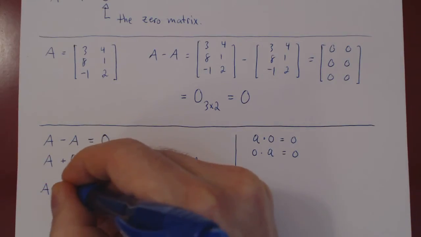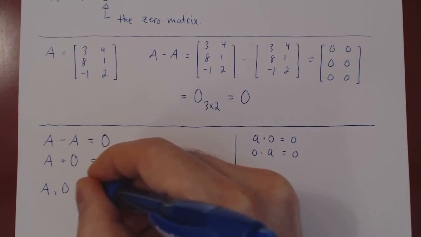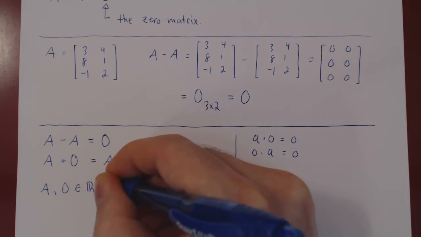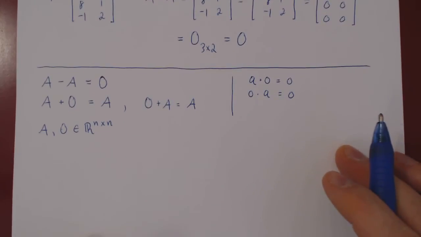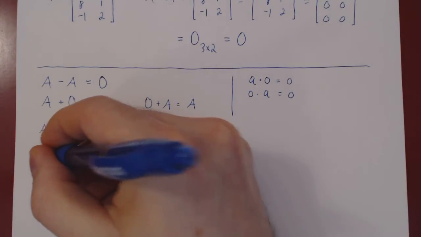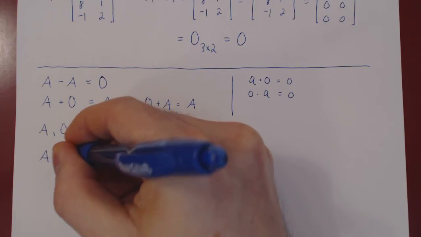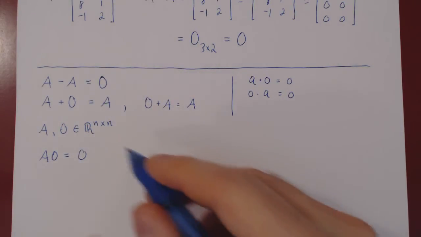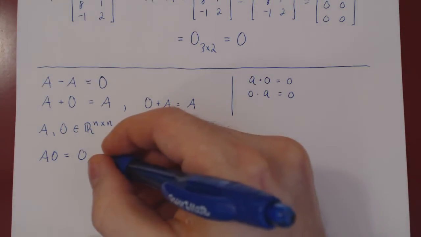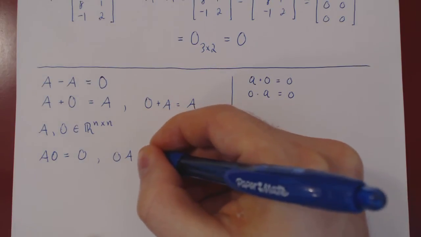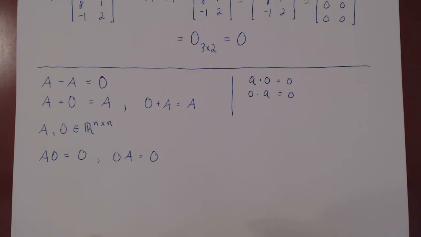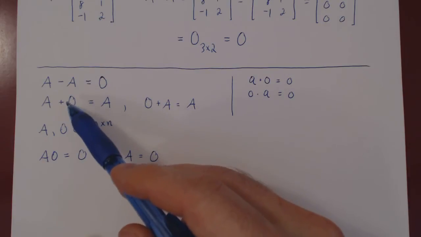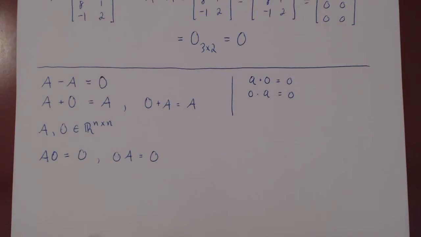So if A and 0 are both square of the same size, so they're both n by n matrices, A times 0 will be equal to the 0 matrix. It will still be an n by n matrix, and 0 times A will also be equal to the 0 n by n matrix. And so you see quite simply, when you handle matrices algebraically, you can use the 0 matrix as you would the 0 real number.